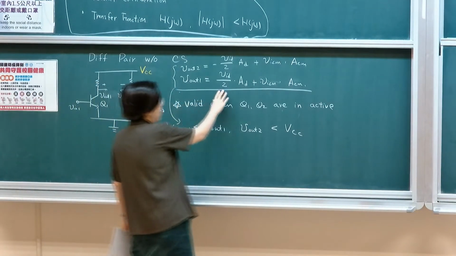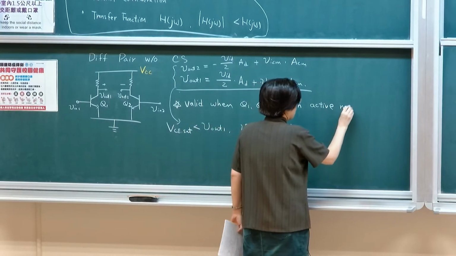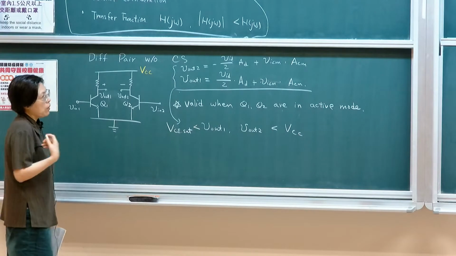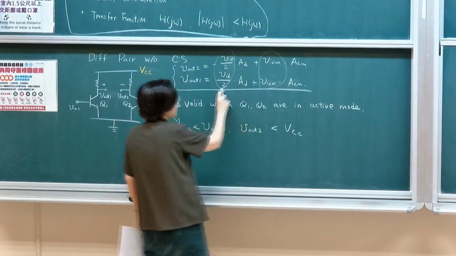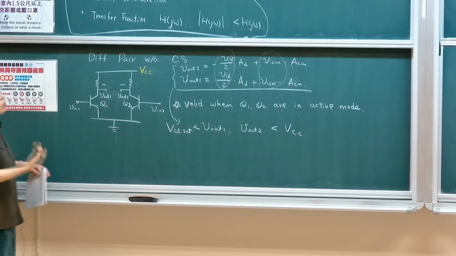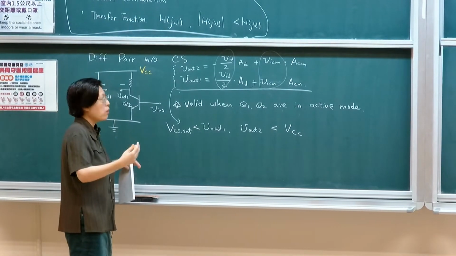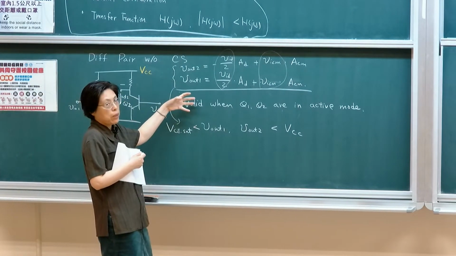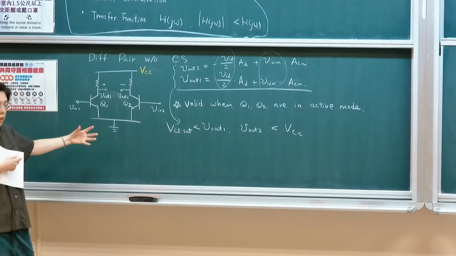This is based on the small signal model, meaning that your transistor must be in active mode. So what happens if your signal is too high? Either one of them, if too high, leads to saturation of the signal. Therefore, when you subtract them from each other, we will not be able to cancel it. That's the limitation as to the boundaries of the circuits.